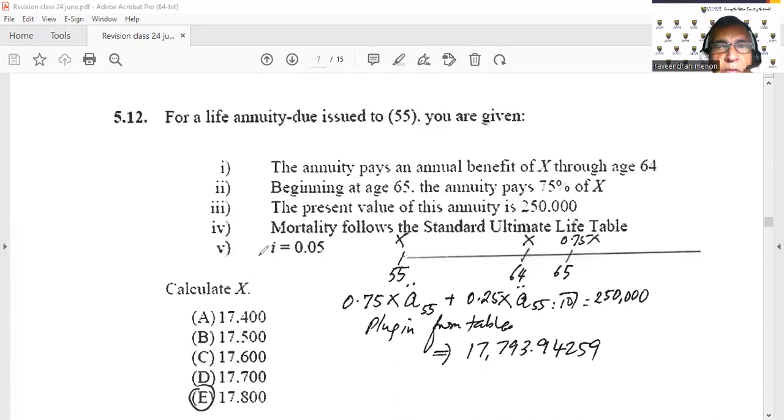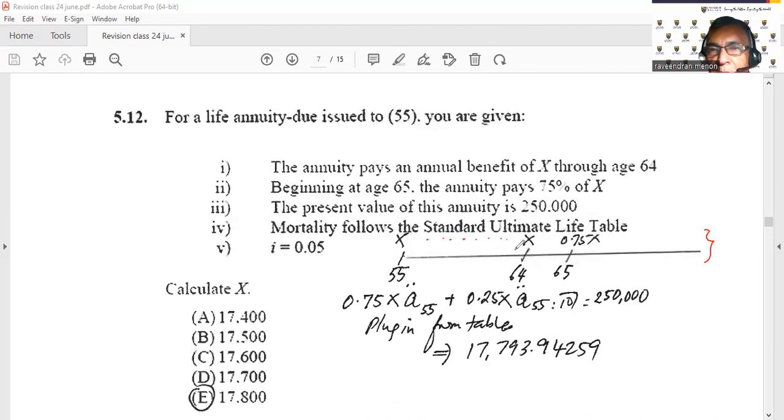Now, take a look at the timeline. First, this is the payment pattern. We have X through 64, starting from 55 all the way to 64. And then from 65 on, we have 0.75X.